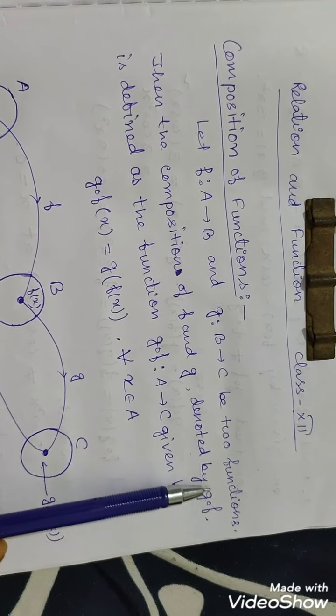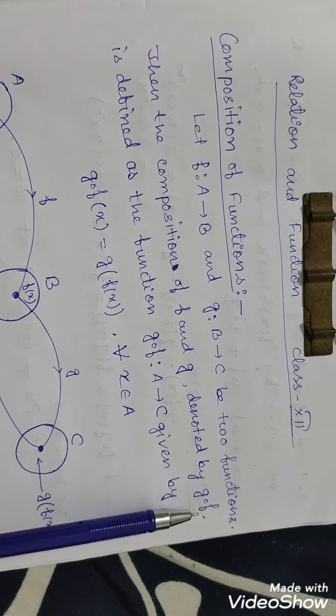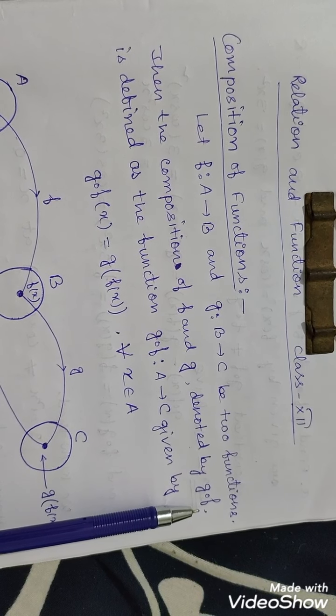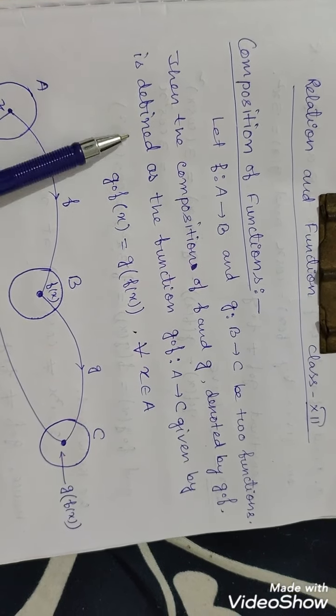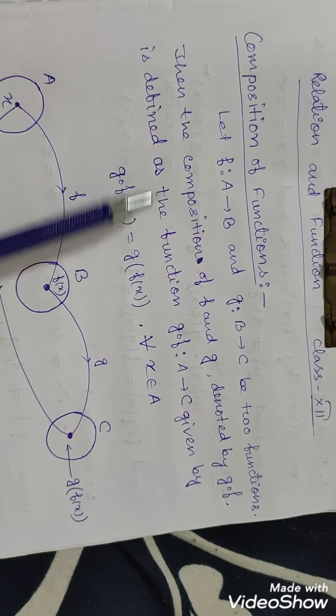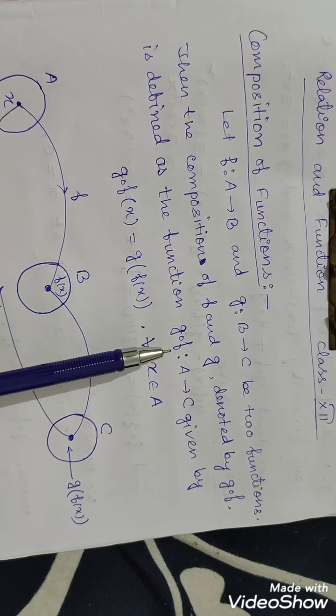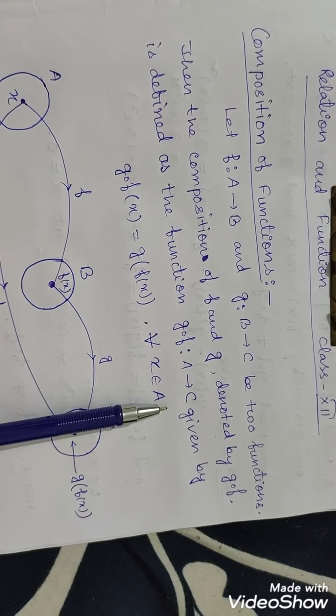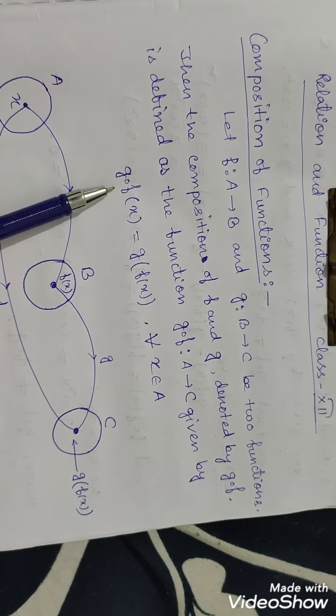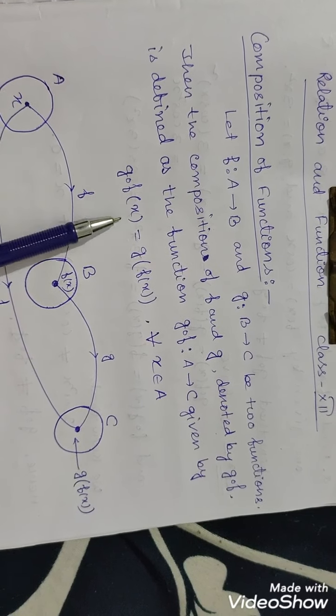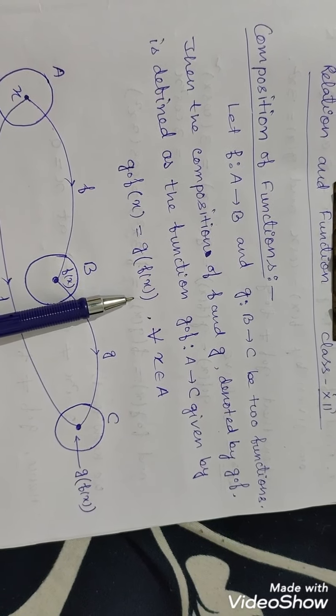We can denote a composition of function as g dot f, and it is defined as the function what? A to C, given by (g dot f)(x) equal to g of f of x.